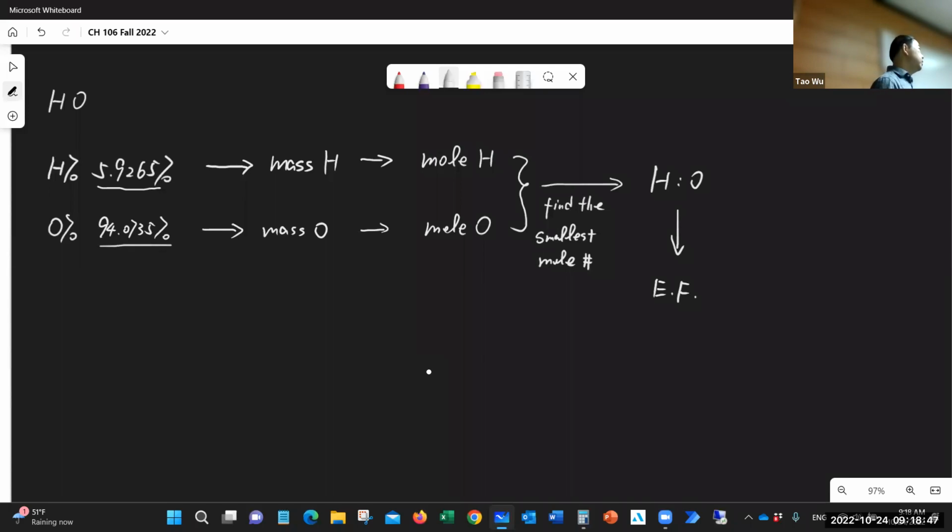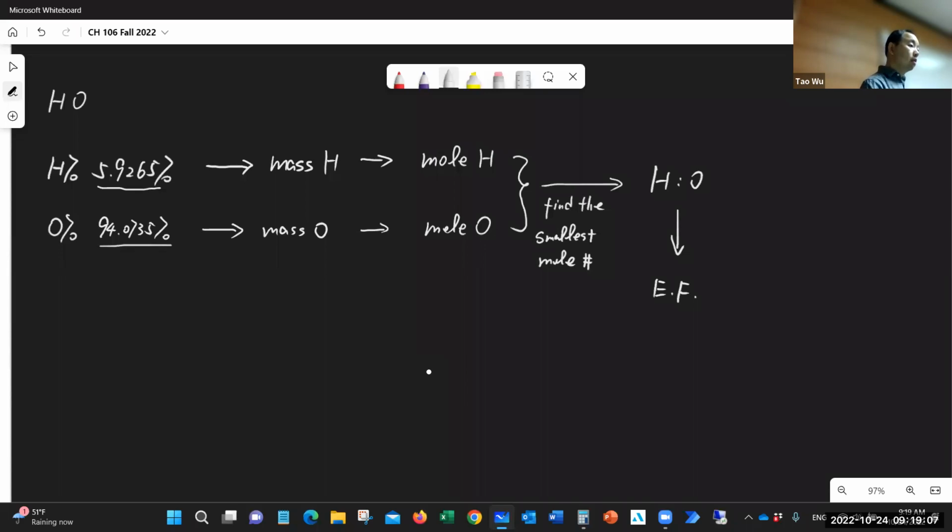If we say the whole compound is 1,000 grams, since the hydrogen is 5.9265% of the 1,000 grams, then 1,000 grams times the percentage gives you the mass of the hydrogen.